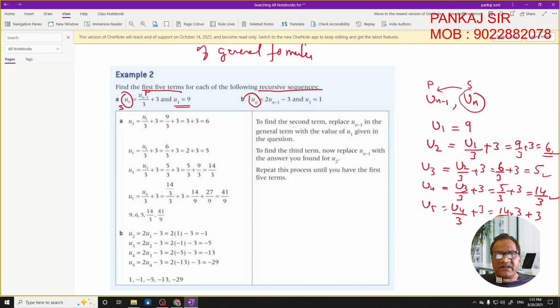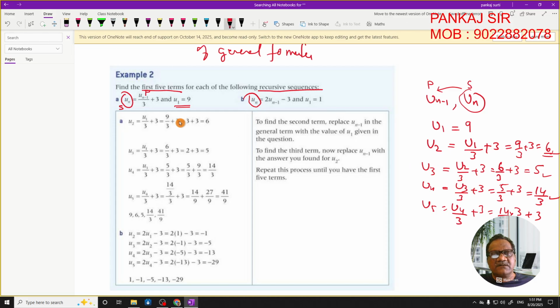u4 will be 14 upon 3 into 1 by 3. Okay, I got it. It should not be into 3, it should be into 1 by 3. So this happens to be 14 upon 9 plus 3. 9 3s are 27. 27 plus 14 is 41, and this will be 41 upon 9.